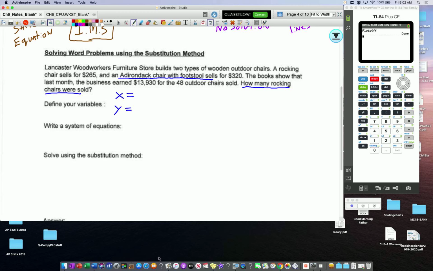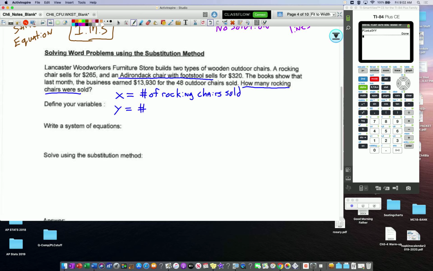So for x, I'm going to let it be the one that I want, rocking chair, specifically the number of rocking chairs sold.